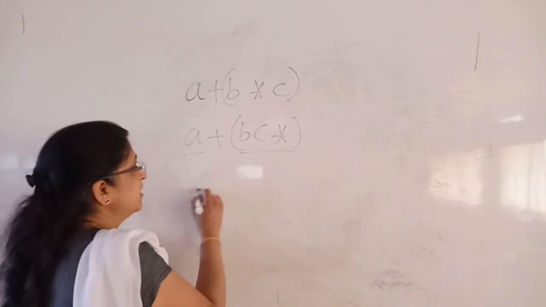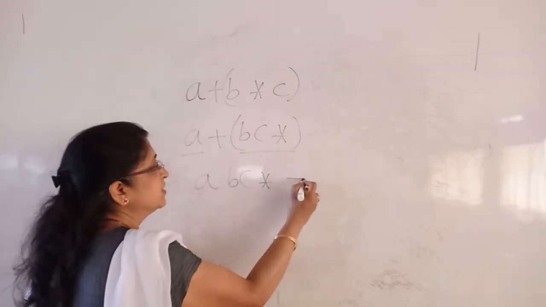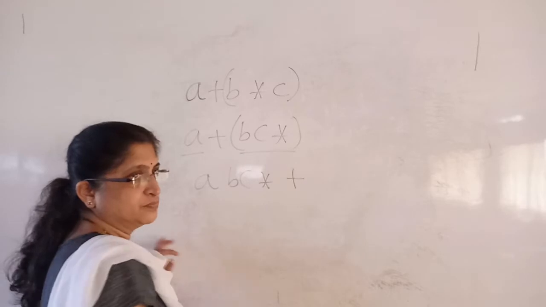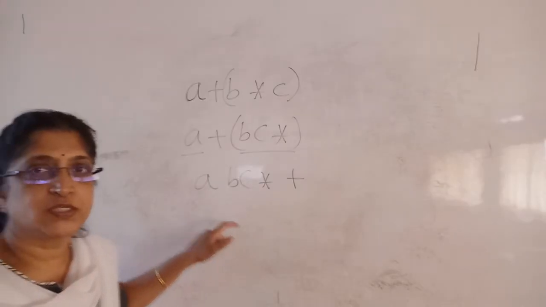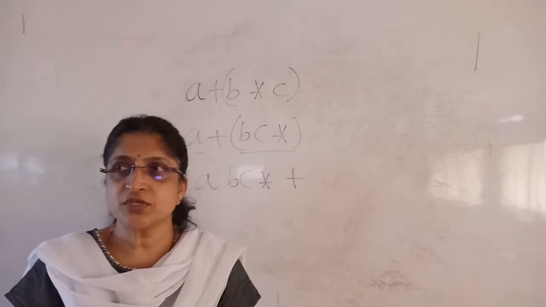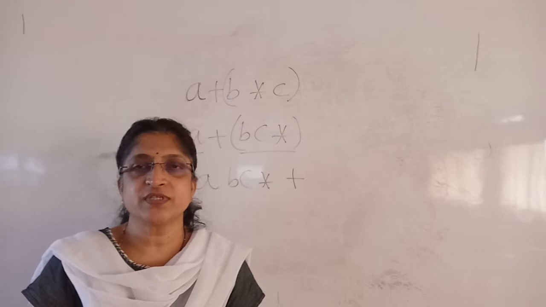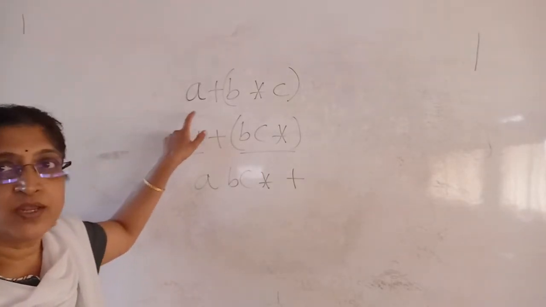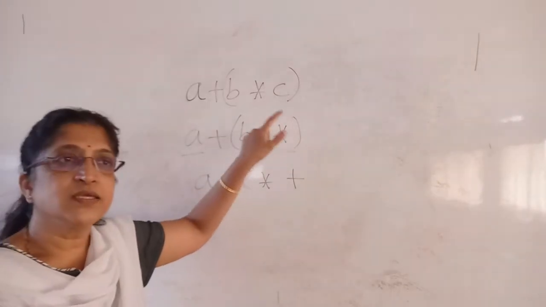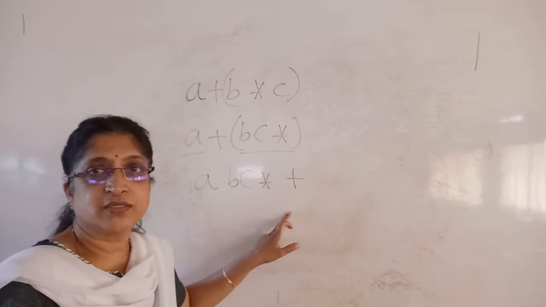That is, we write a, then we write bc star, then you write plus. So we have converted this infix expression to postfix expression. Remember, postfix expressions do not have parenthesis. In the postfix expression, there will be no parenthesis. So a plus b star c is converted to abc star plus.